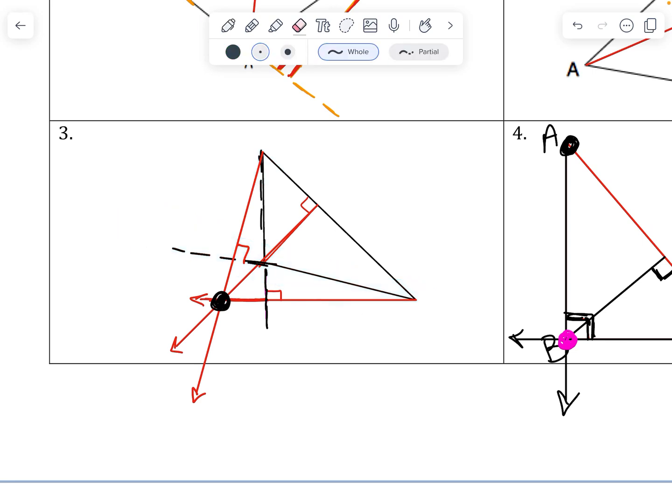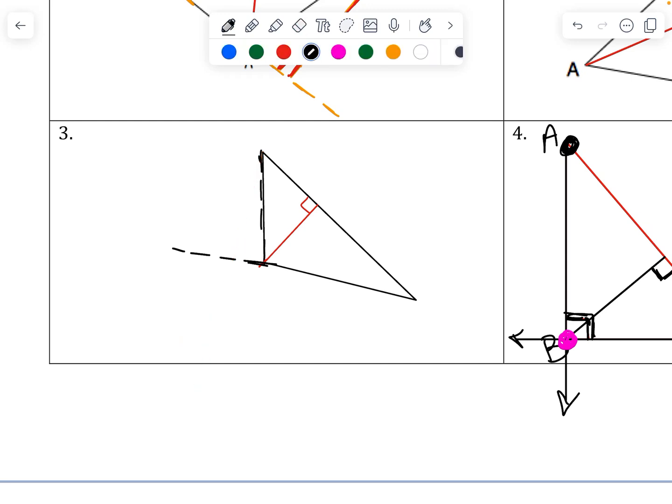So your obtuse triangles, what you have to do is you have to extend a side of the triangle. Like here, this is only possible to make a 90 if I go straight down. But I have to extend this side of the triangle to get there.